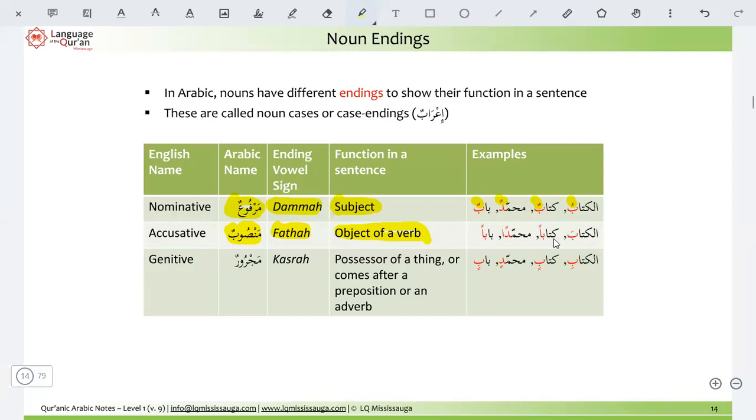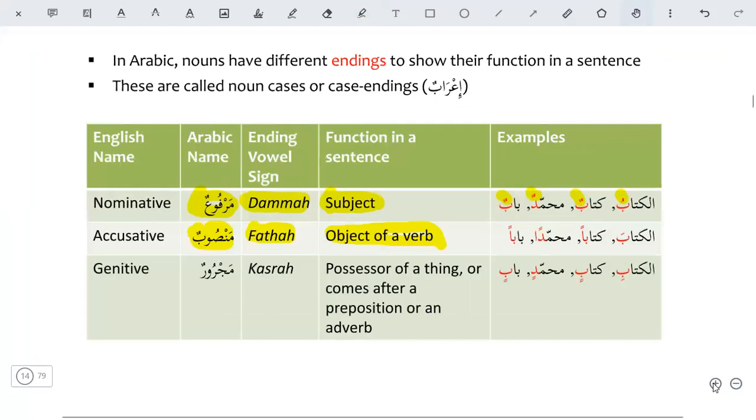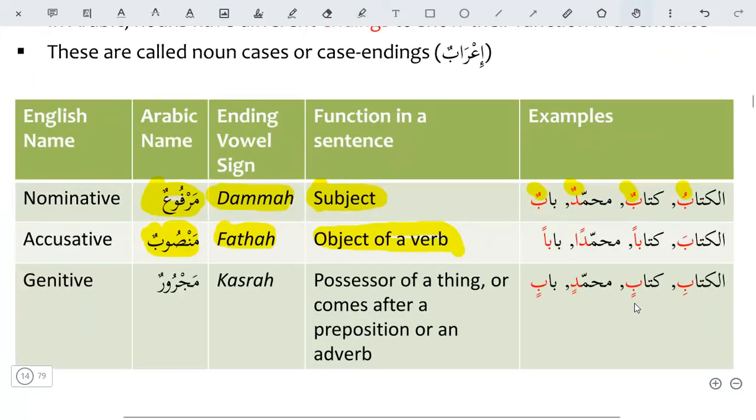Al-kitaba, kitaban, Muhammadan, baban. They all have fatha here. You see here on top, they all have fatha. I make it larger so it is easy for you to see.